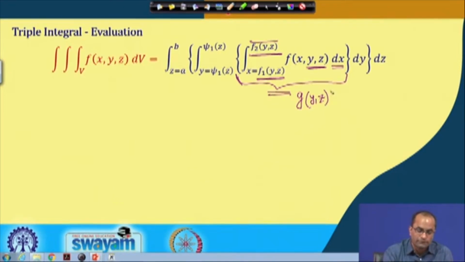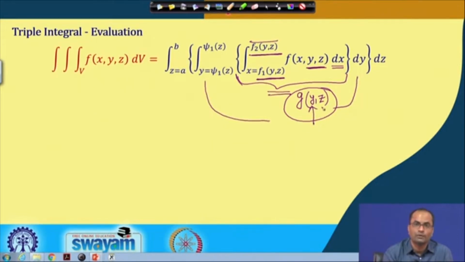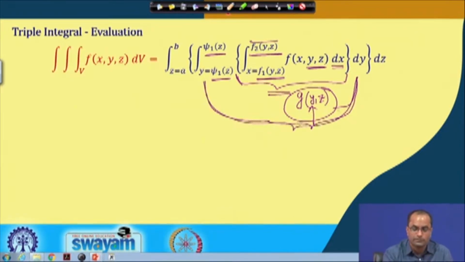Then we go to the outer one, with respect to y. The limits of y can be functions of z. After the integration of this second inner integral, we will get some function of z.